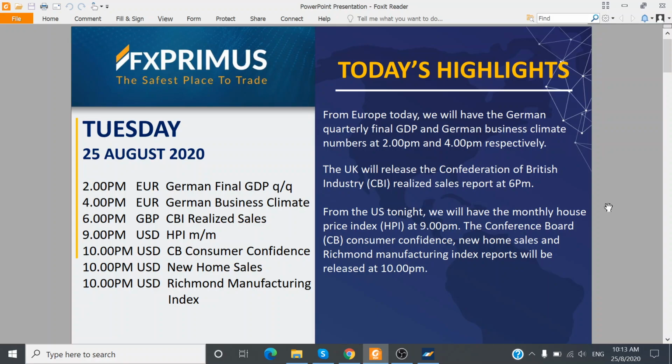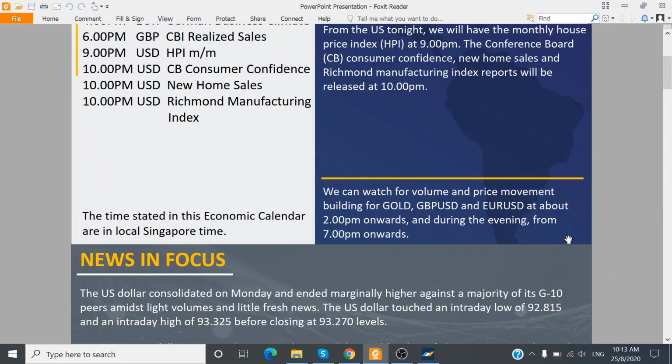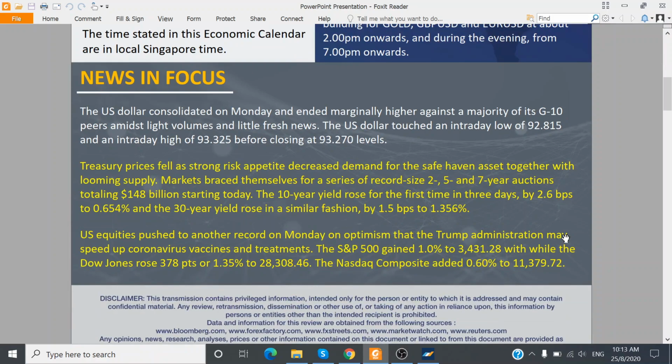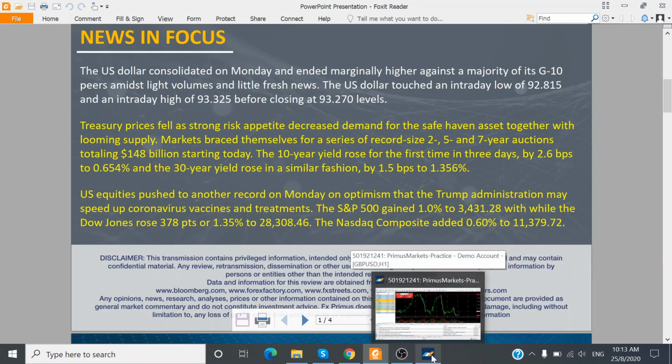And for yesterday, although there was not much economic events, we still had reasonable movement on currencies and also on gold prices. So for yesterday, basically the US dollar consolidated again. We can see the US dollar initially weakening before strengthening towards the US trading session, and it just ended marginally higher against most of the major currencies.